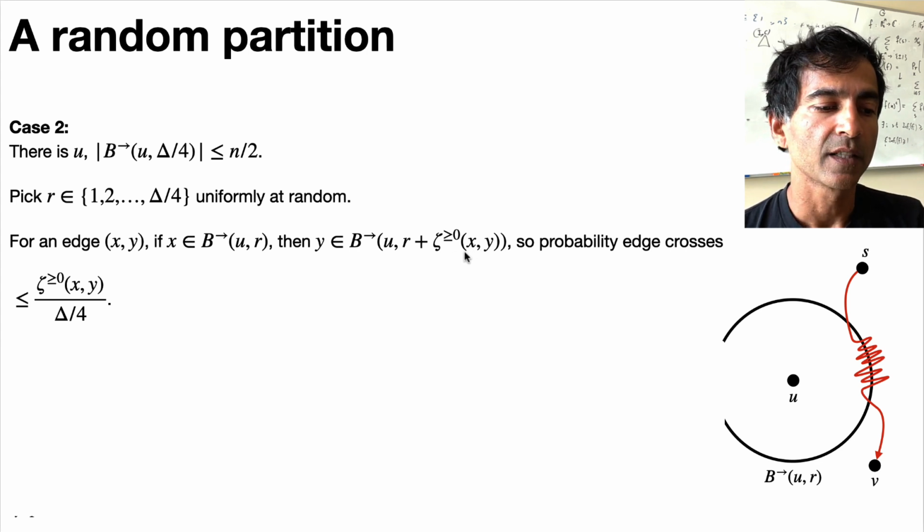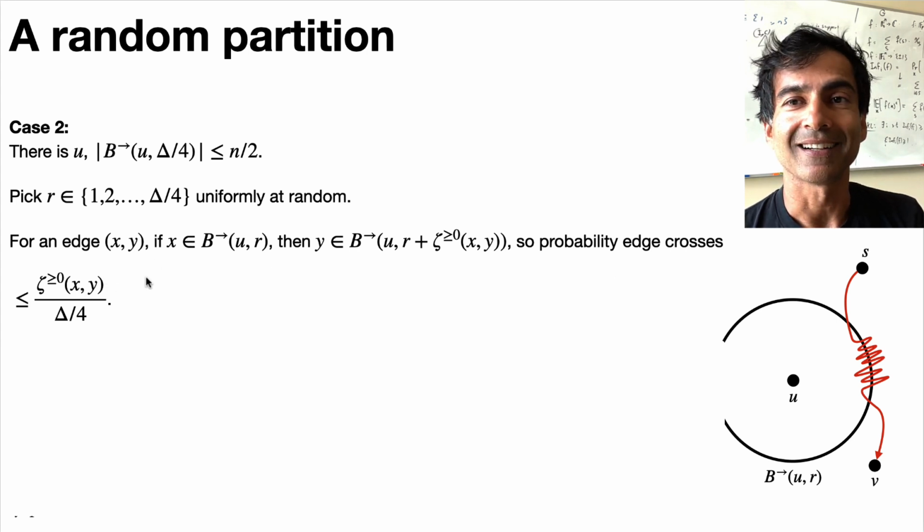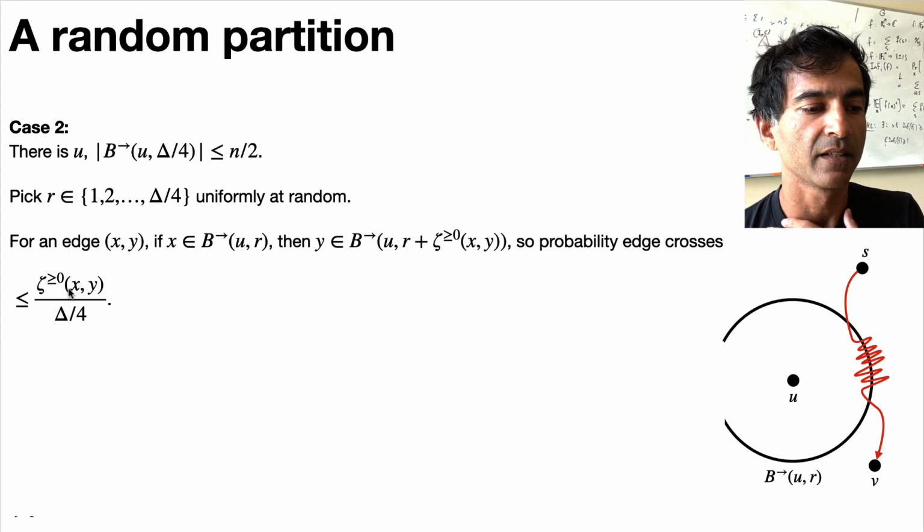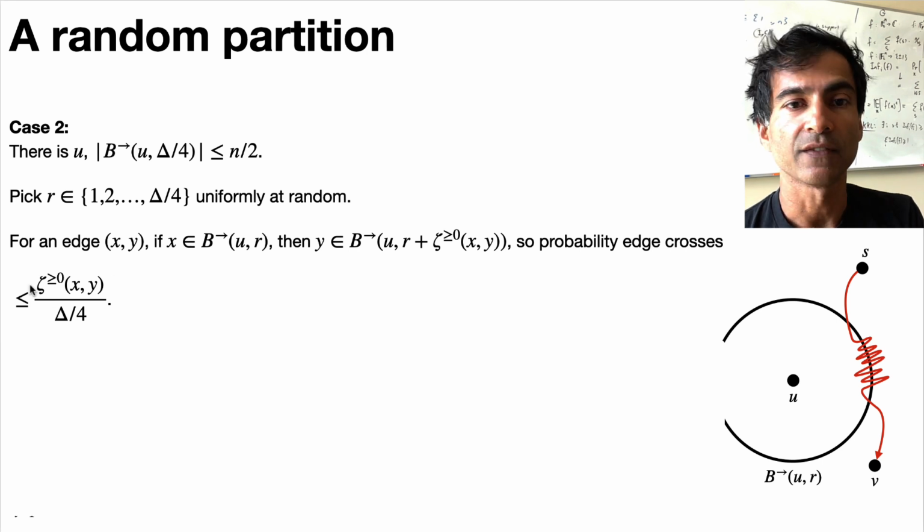So in particular, the probability that this edge is on the boundary, crosses from inside the ball to outside the ball, is bounded by the weight of the edge divided by delta over 4, right?